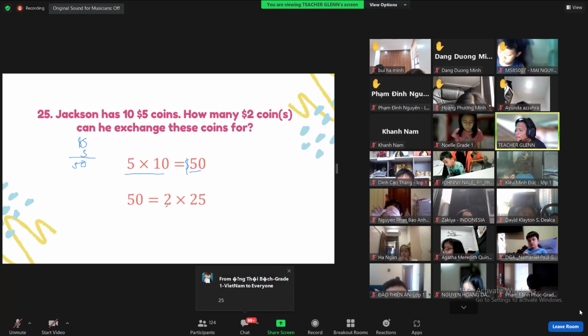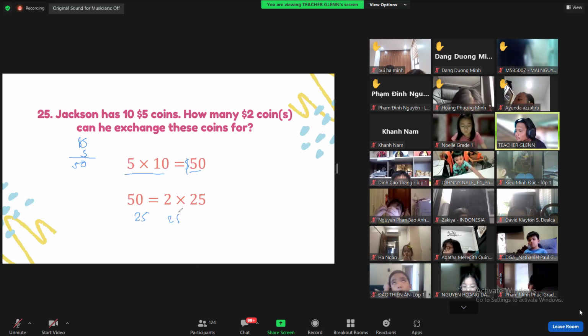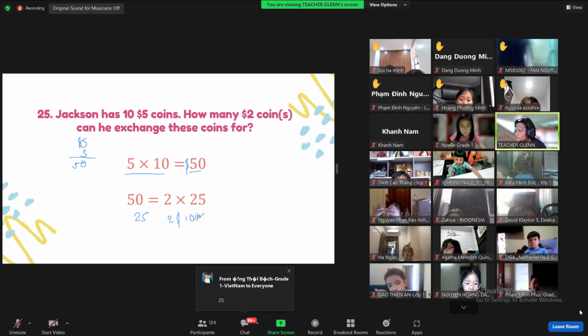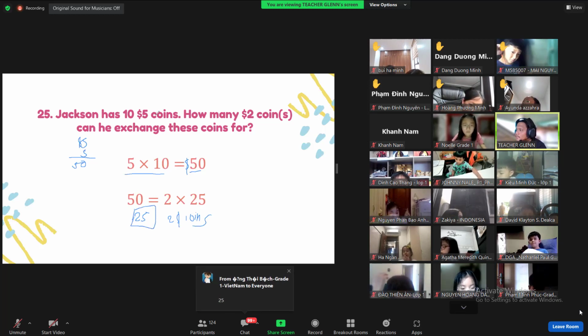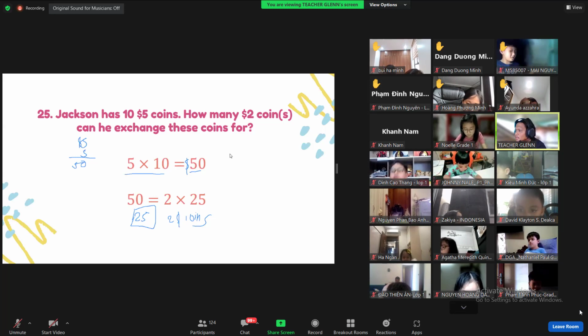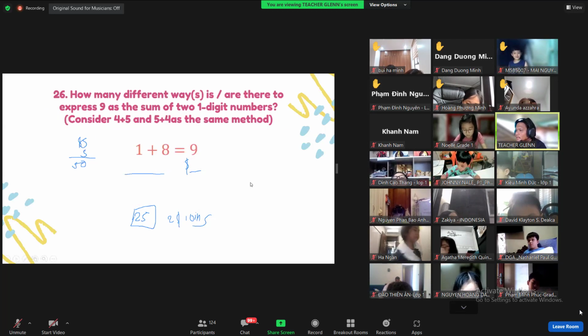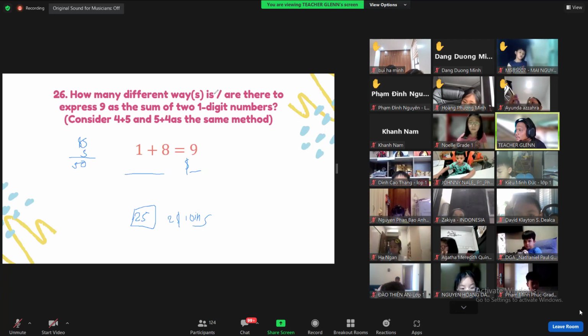So since 25 times 2 is equal to 50, it means that Jackson can have 25 $2 coins. Okay, did everyone get this problem? Okay, very good.